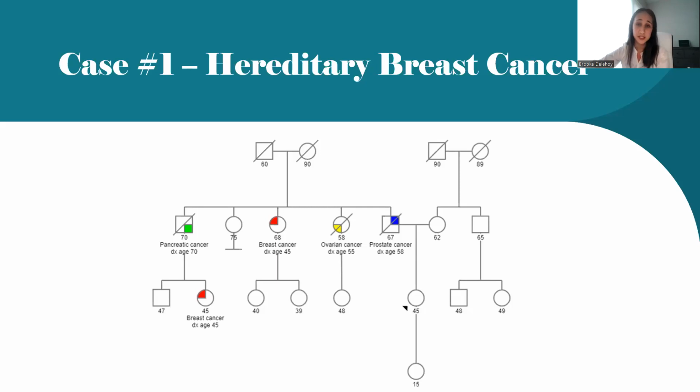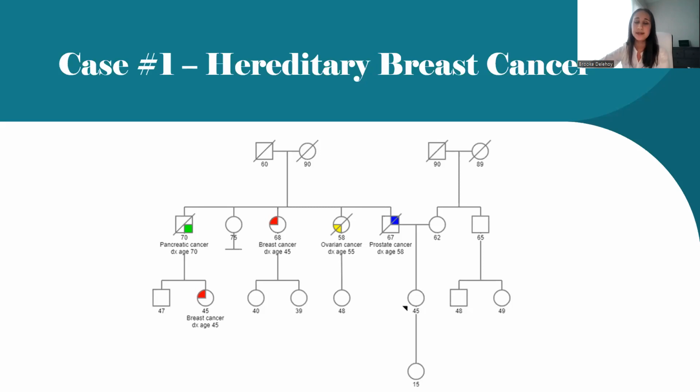And I would even like to point out that early onset cancers also tend to be more closely associated with hereditary causes. So taking a look at the patient's paternal aunt and paternal first cousin diagnosed with breast cancer, we say any cancer diagnosed under the age of 50 is considered to be early onset. So seeing these cancers were diagnosed at age 45, they do increase our suspicion that maybe there is something hereditary going on in this family.